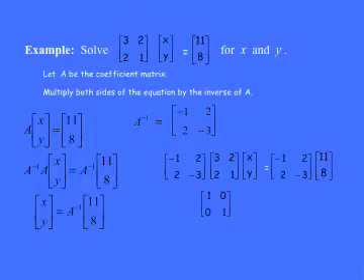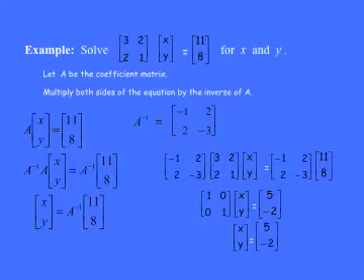The result on the left gives me the identity matrix times xy. The result on the right gives me the matrix 5, -2. When I multiply the identity matrix times xy, we get xy, and that equals 5, -2. So the solution to this system is x equals 5 and y equals -2, or the ordered pair 5, -2.